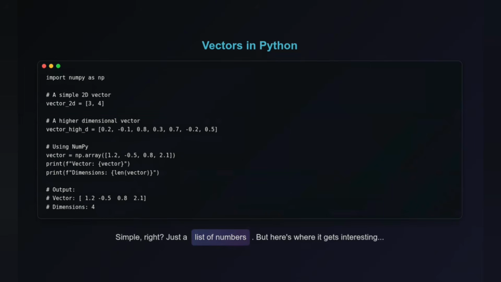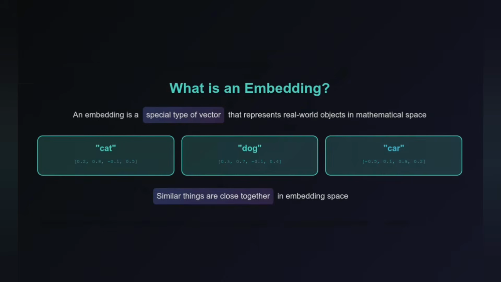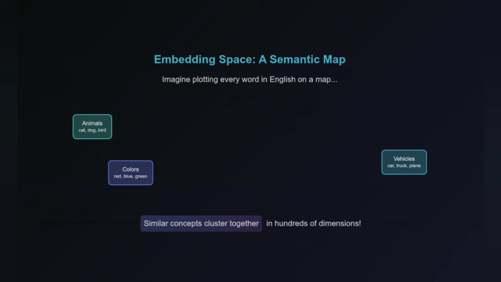But here's where it gets interesting. An embedding is a special type of vector that represents real-world objects, like words, images, or even your preferences on Netflix, in a mathematical space where similar things are close together. Imagine we could take every word in English and plot them on a map.